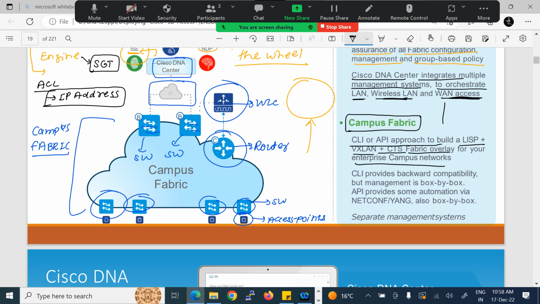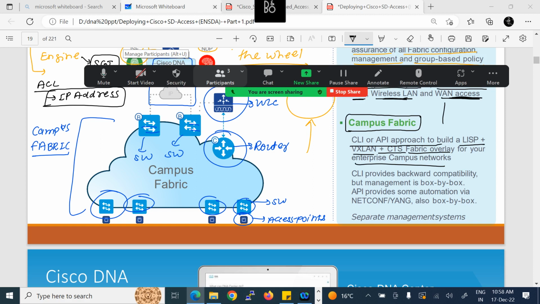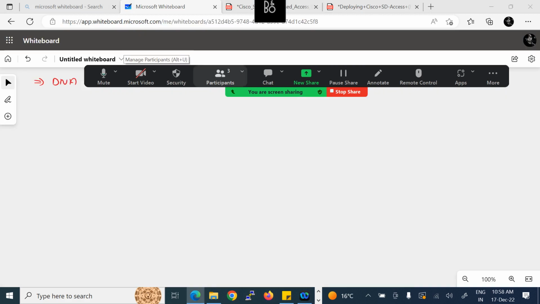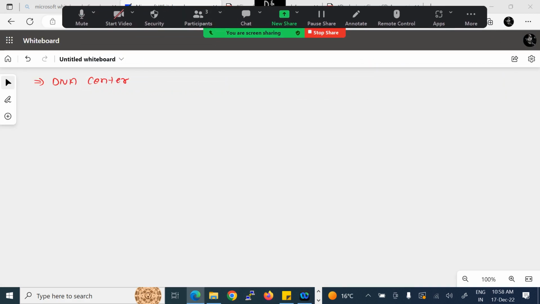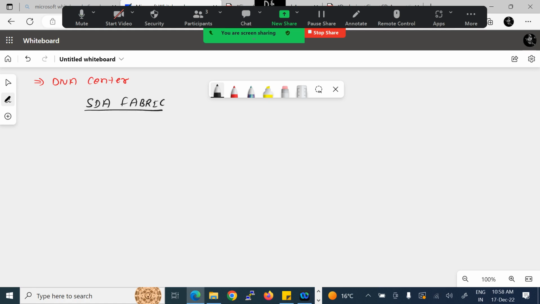Now, to understand this, I have to discuss overlay and underlay network. In SD fabric, in SDA fabric, we have two networks.